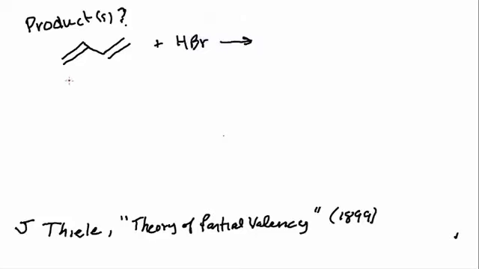Now, to be consistent with the Markovnikov rule, we would want to attach it like so. So we would write for a product this. For emphasis, I'm putting in the hydrogen explicitly, one of them. It's a bond line drawing, basically, though. All right.